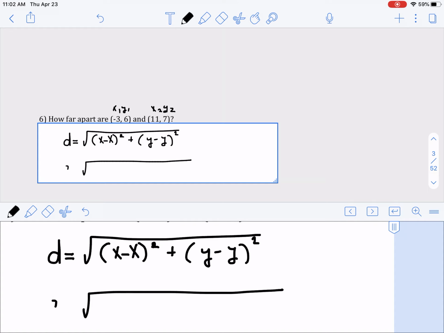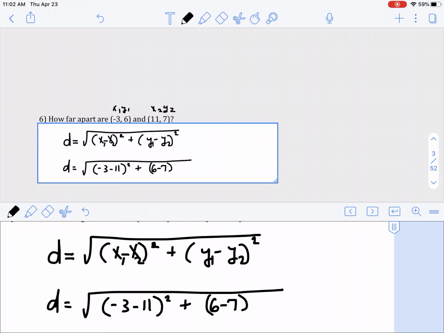Okay, I'm going to always put your square root bar in. We have the square root, so x is 1 and 2, y is 1 and 2, okay? So my x's would be -3 minus 11 squared, and my y's are 6 minus 7 squared.